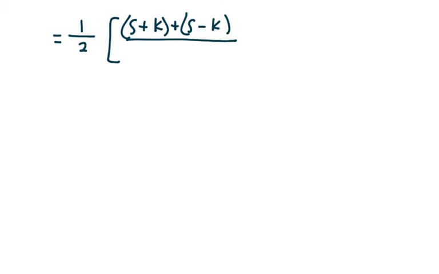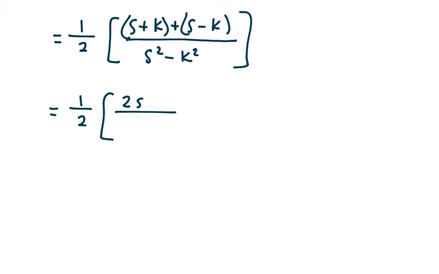And then this is 1/2 of s plus k plus s minus k divided by s squared minus k squared. So far. And this is 1/2 of, and then s plus s is 2s, so I get 2s over s squared minus k squared.